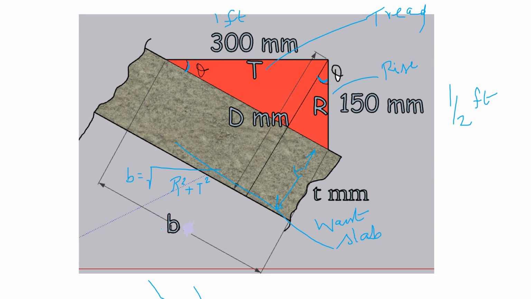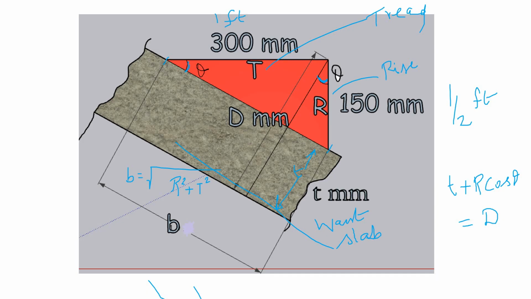This b is the width of the staircase. So from this point to this point, the width is b meters. Now if you add t with r cos theta, you will get the value of effective depth d.